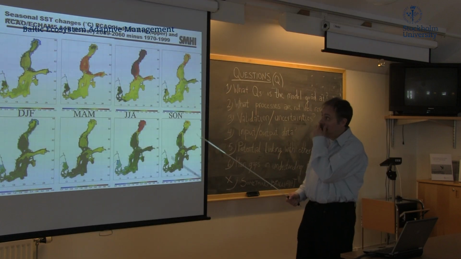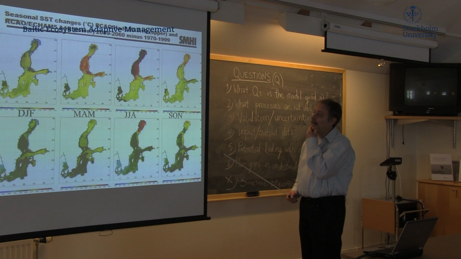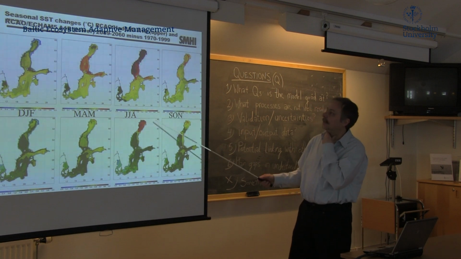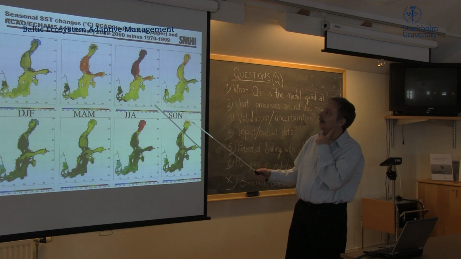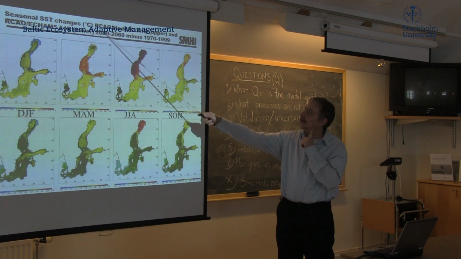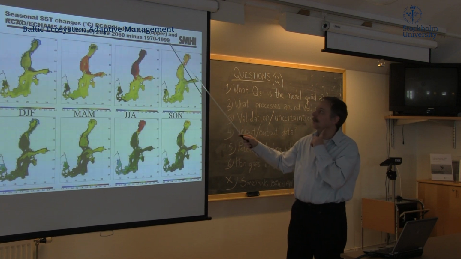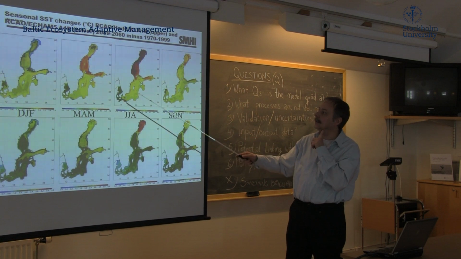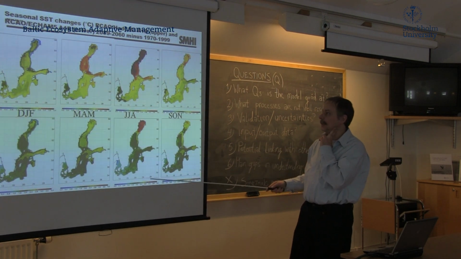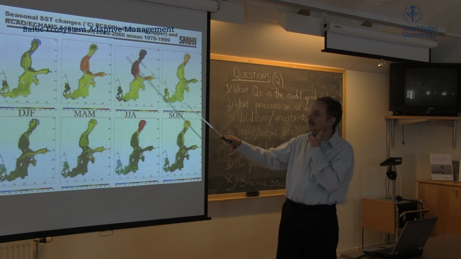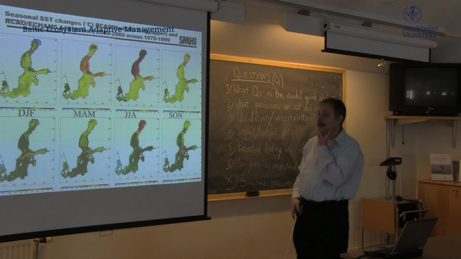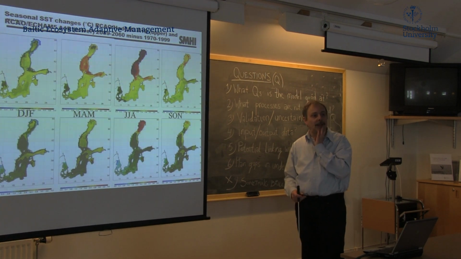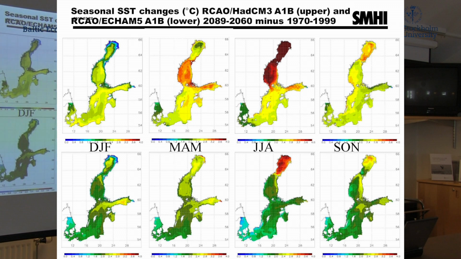Well, here you have two of the projections. The warming signal, sea surface temperature changes between the future 30-year time slice and the present time slice. And you see the warming signal is largest in summer in the north. Why is that? Well, that's ice-albedo feedback. The atmosphere is warming and then the ice responds.